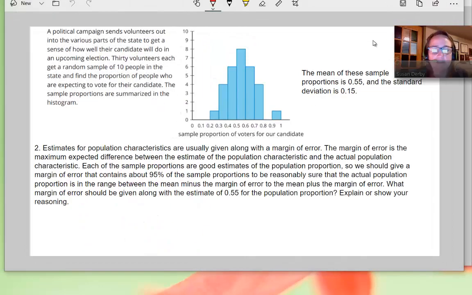All right, so on our next slide we see still has that same information, and our margin of error, what they're saying, let's see, estimates for population characteristics are given with a margin of error. We've already seen that a couple times.